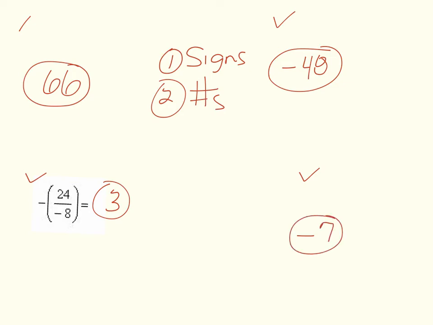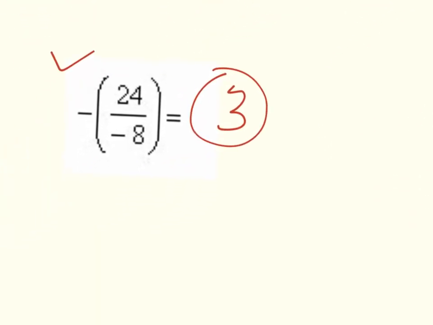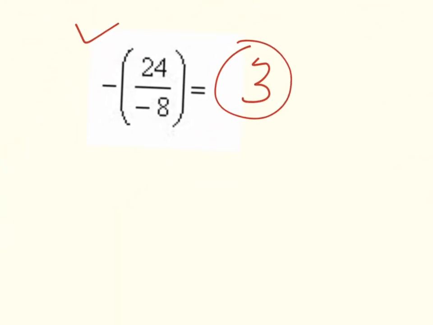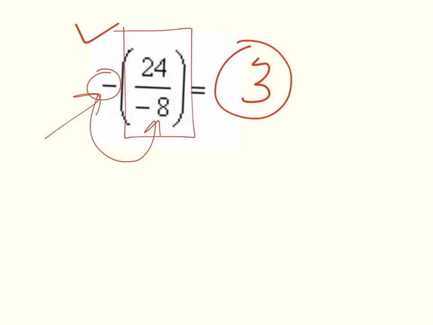Now the other thing that you can think of when you're looking at this problem by itself is that this negative outside is asking you what is the opposite of this. So if I just took this problem all by itself and said, okay, I have 24 and a negative 8, that's going to give me a negative 3 because I have an odd number of negatives.